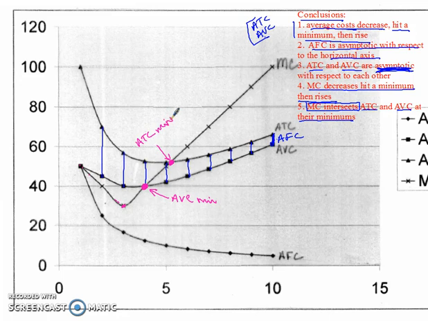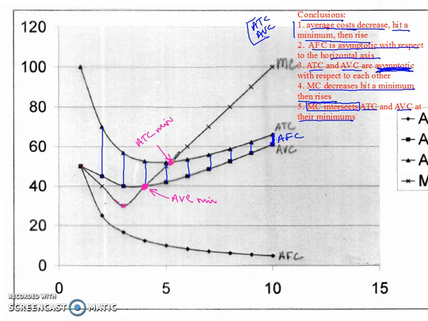So the marginal cost will decrease, hit a minimum, and then rise, and it will intersect the average variable cost and average total cost at their minimum points. That will always be the case. That's what the general pattern looks like.